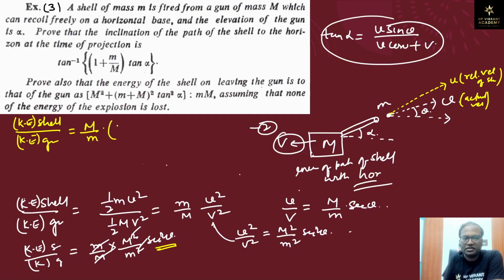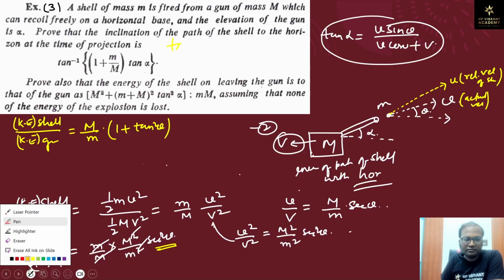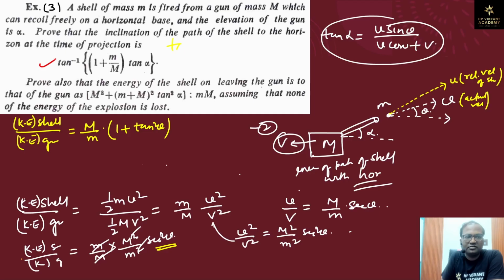Sec square theta we can write as 1 plus tan square theta. And we have tan theta is equal to 1 plus small m upon capital M into tan alpha.